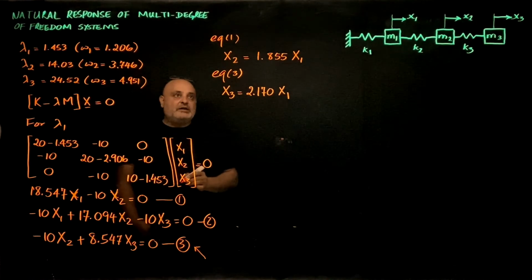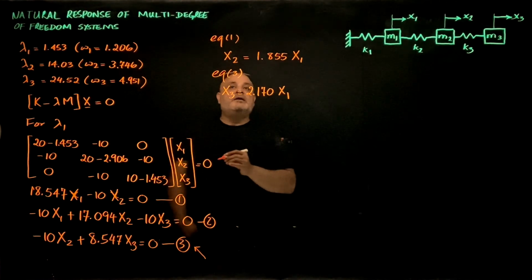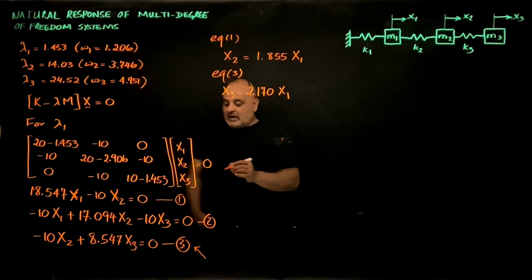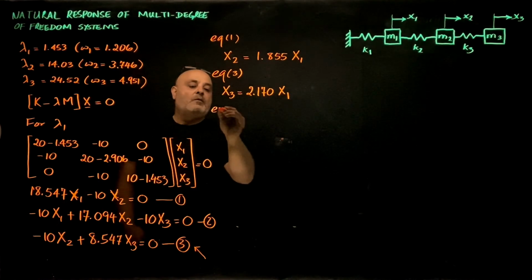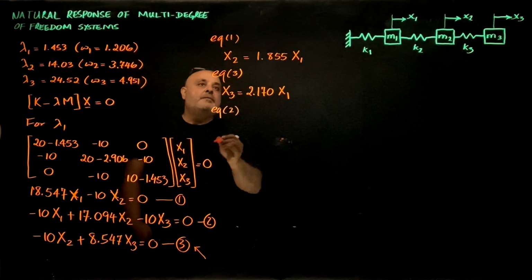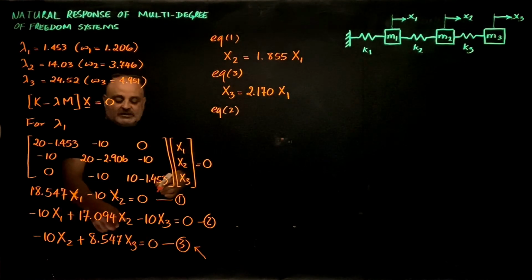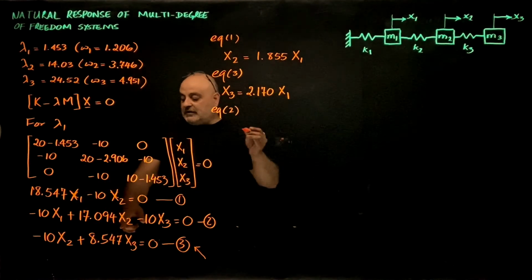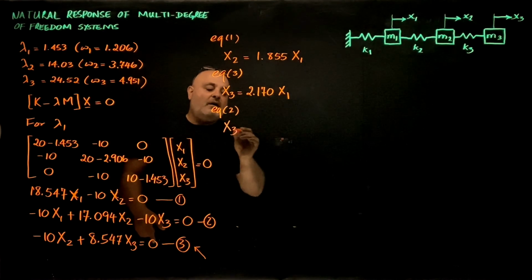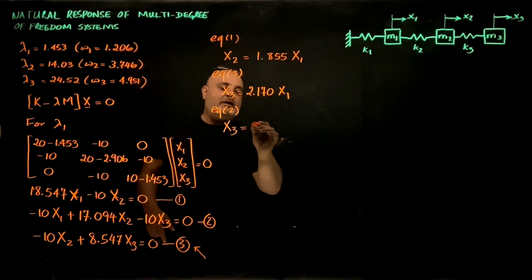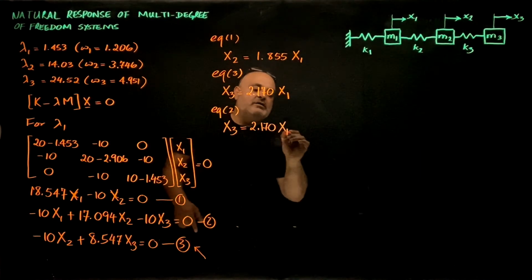and finally substituting x2 and x1 into equation number 2. If I substitute for x2, 1.855, and solve for x3, I will also have x3 equals 2.170 x1.